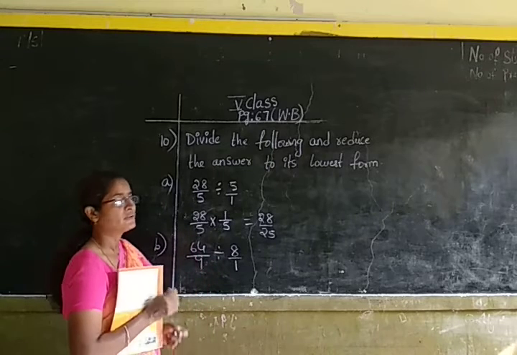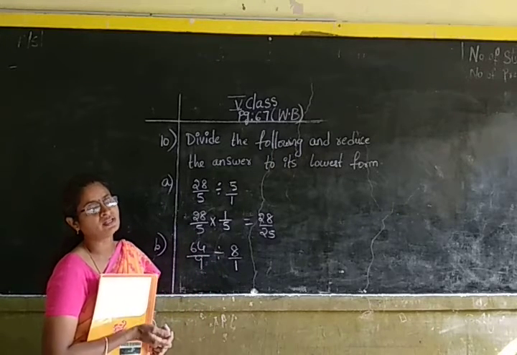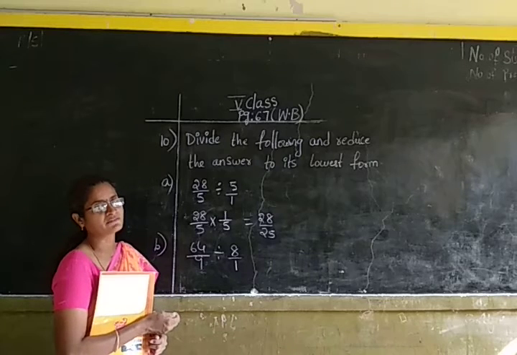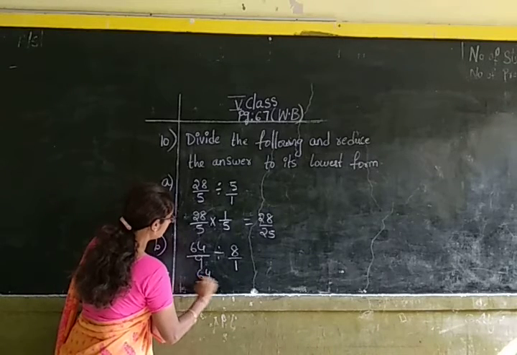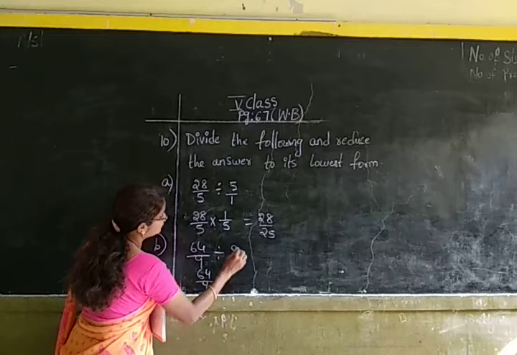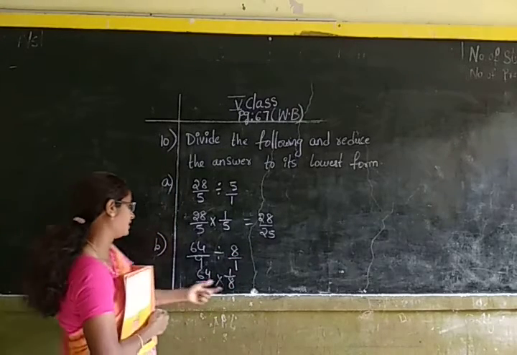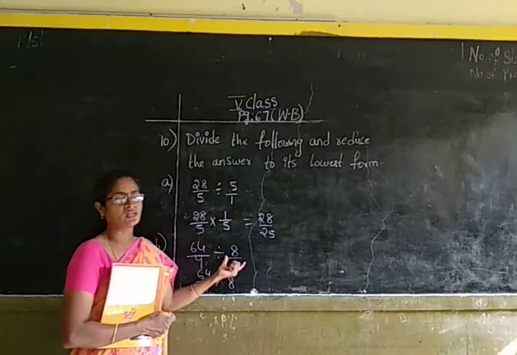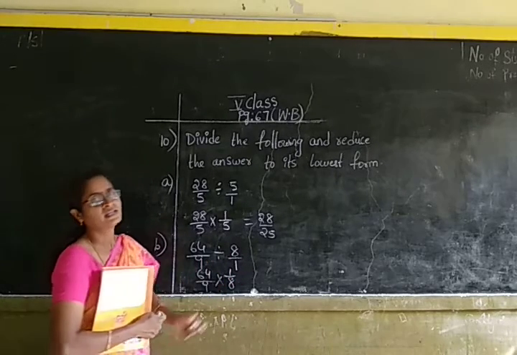For doing division, first we have to write the reciprocal of the second fraction. Reciprocal of 8 by 1 is 1 by 8. After writing the reciprocal, we have to multiply 1 by 8 with 64 by 9.